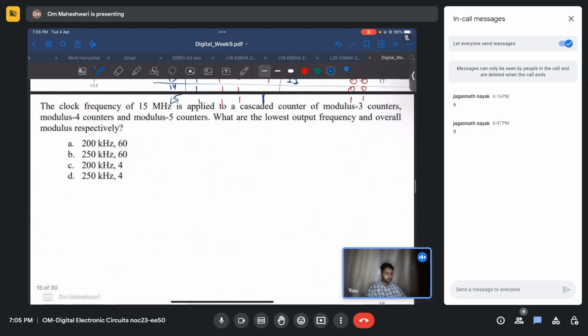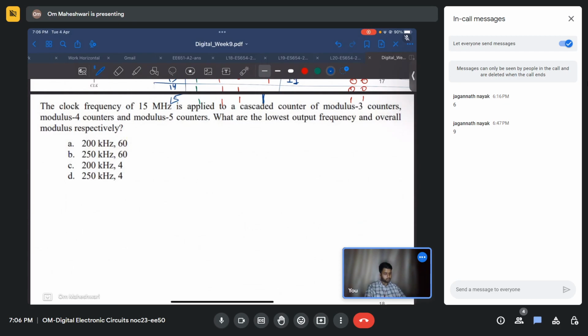Okay, so the next question is, a clock frequency of 15 MHz is applied to a cascaded counter of modulus 3 counters, modulus 4 counters and modulus 5 counters.